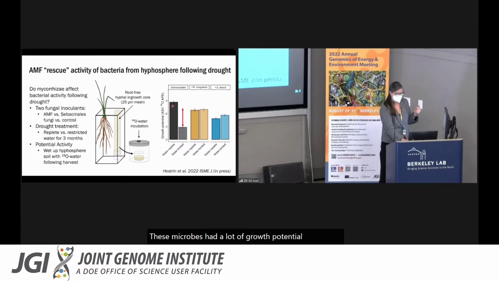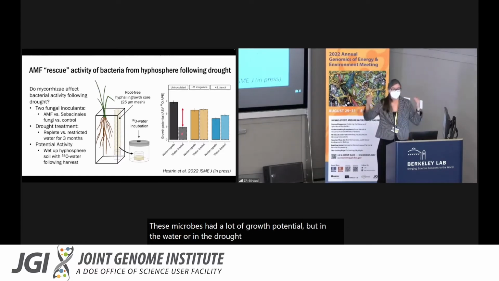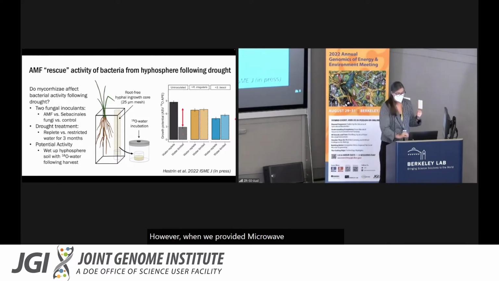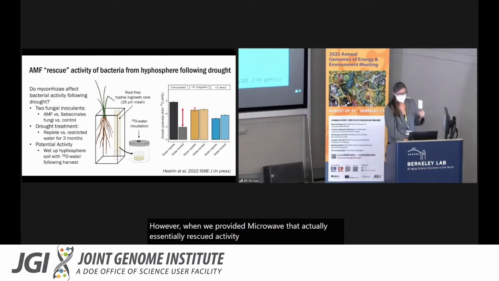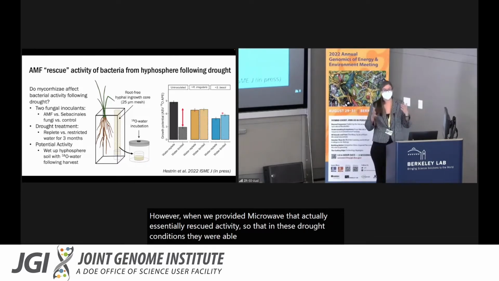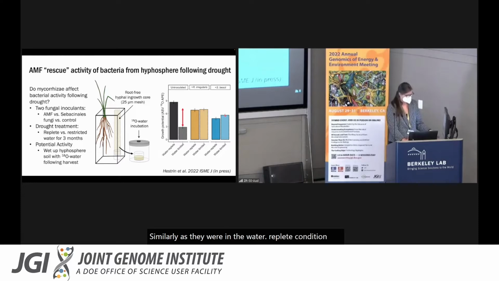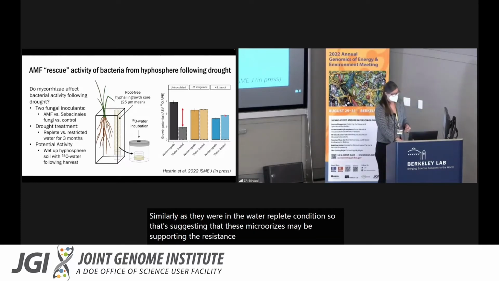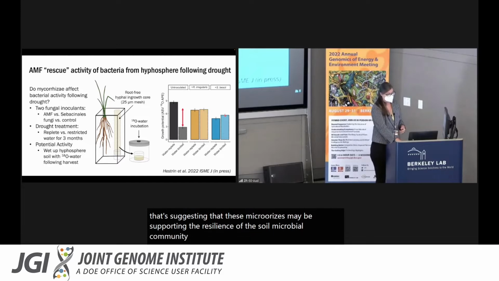But in the drought condition, that activity dropped. However, when we provided mycorrhizae, that essentially rescued activity so that in these drought conditions, they were able to perform similarly as they were in the water replete condition. So that is suggesting that these mycorrhizae may be supporting the resilience of the soil microbial community to moisture stress.